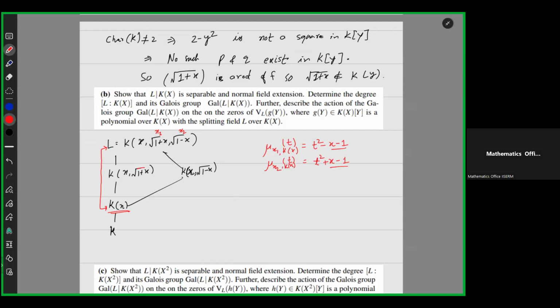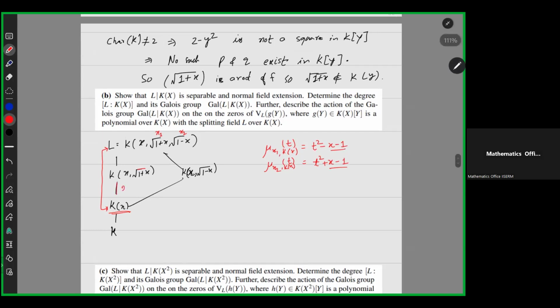So now we have got two minimal polynomials. The degree of the field extension, at least here, is 2, which is the degree of the minimal polynomial of x1, and since x2 does not belong here, this is 2.